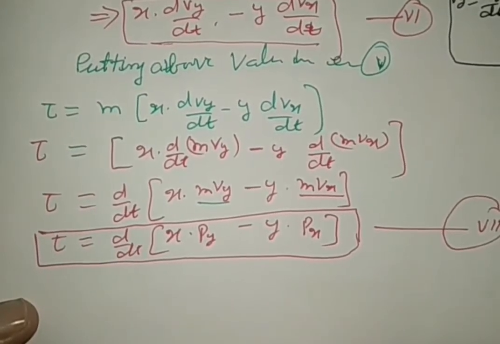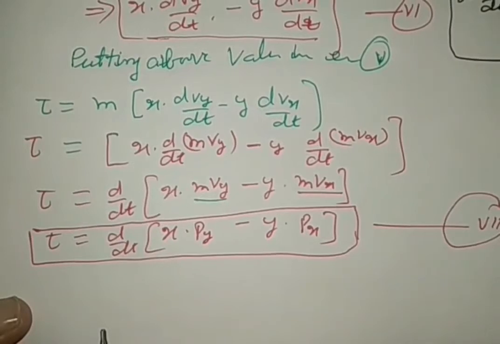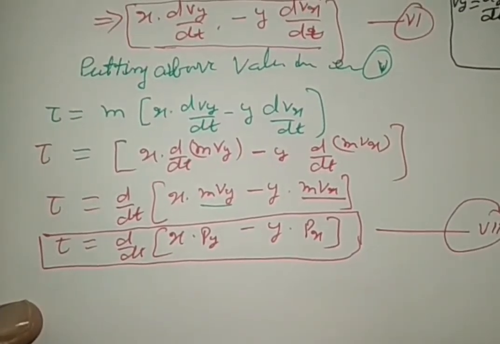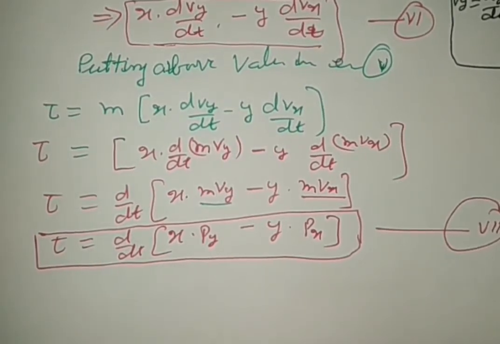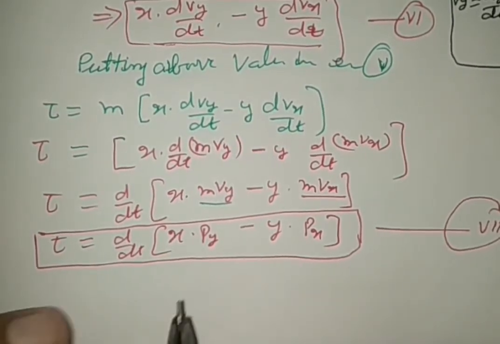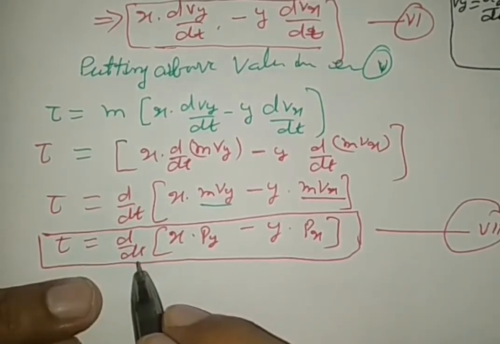The force of rotatory motion is a torque. So when we see Newton's second law of motion in rotatory motion, then torque is equal to rate of change of some physical quantity. That physical quantity we have given the name angular momentum. So here see the mathematical expression.